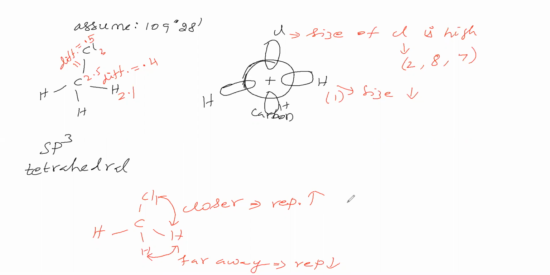So the system will reduce the repulsion here and raise the repulsion there, such that at one stage the magnitude of repulsion at this place and at this place becomes the same.